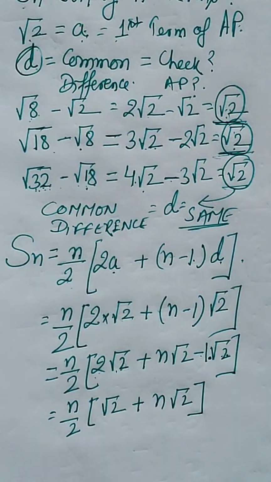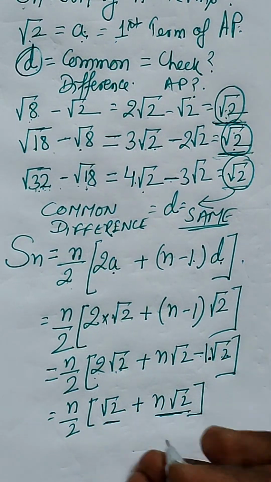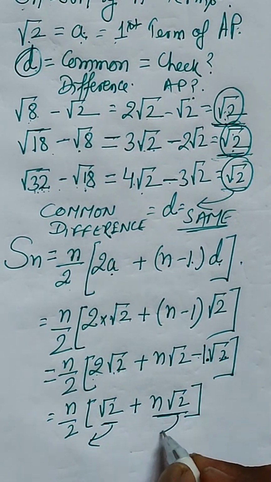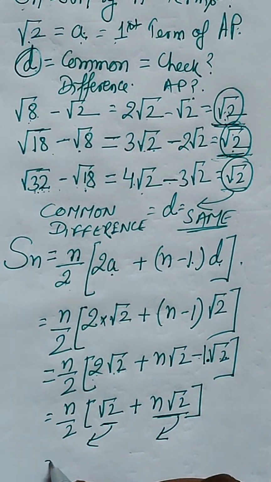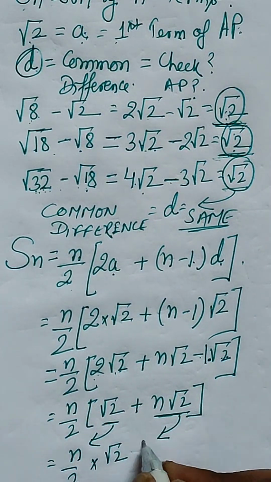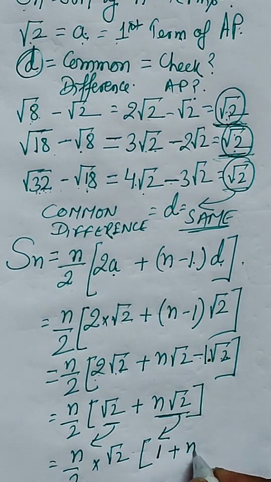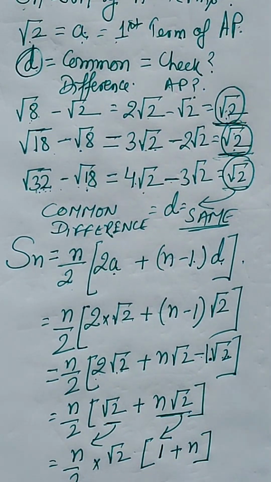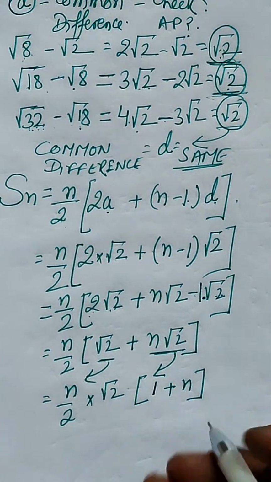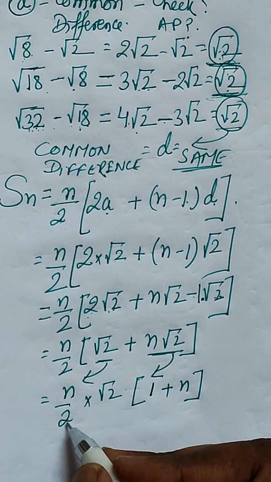When we take root 2 as common from these two terms, then we can see n by 2 into root 2. Inside the bracket, we are left with 1 plus n, right? So here n times root 2 and here n by 2.